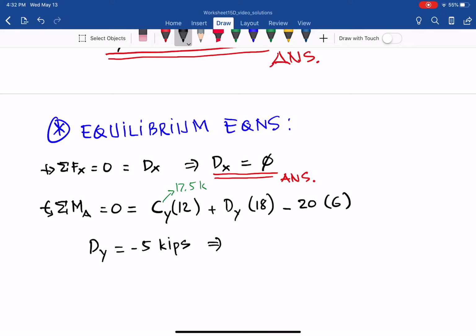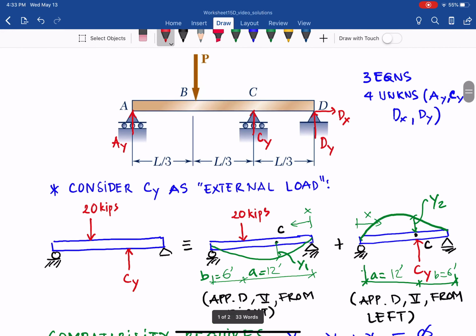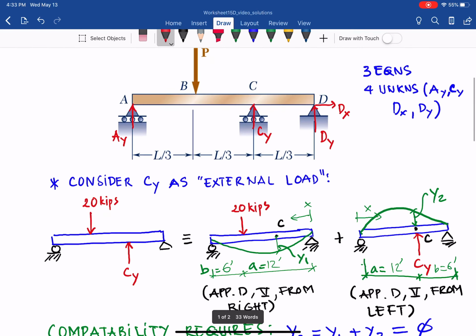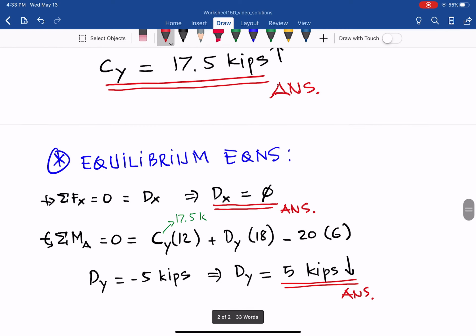What does that mean? We have Dy equal to 5 kips going down. Yep, 5 kips going down, which makes sense because the load P tends to lift up D. So D has to be going down to hold the beam.